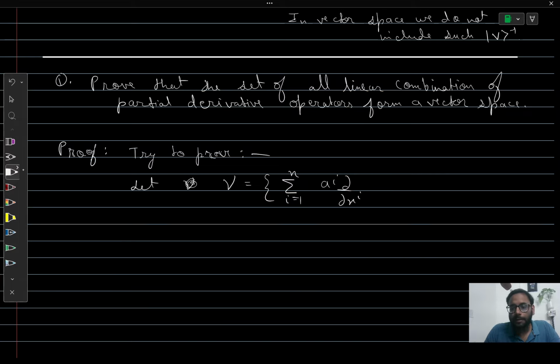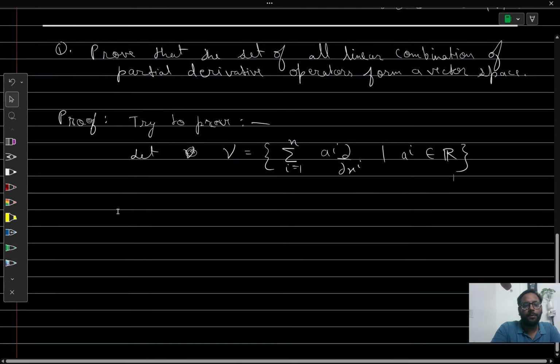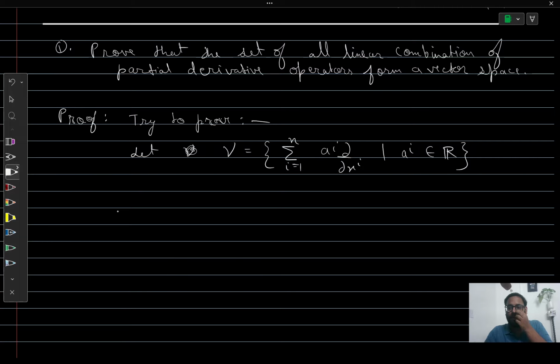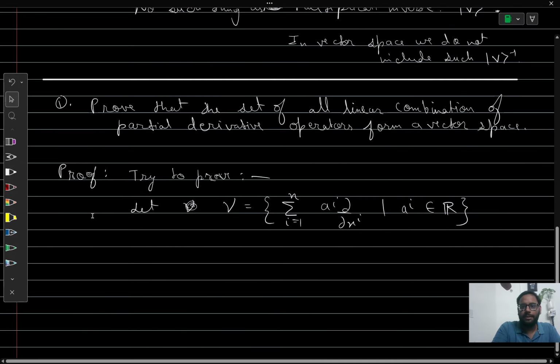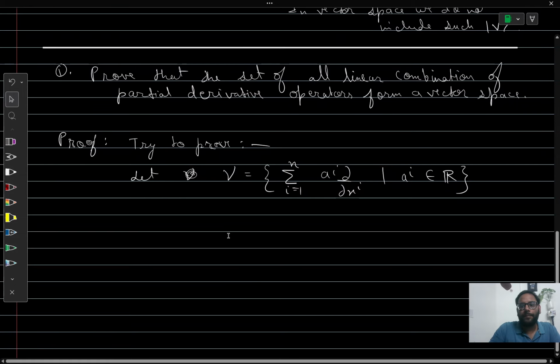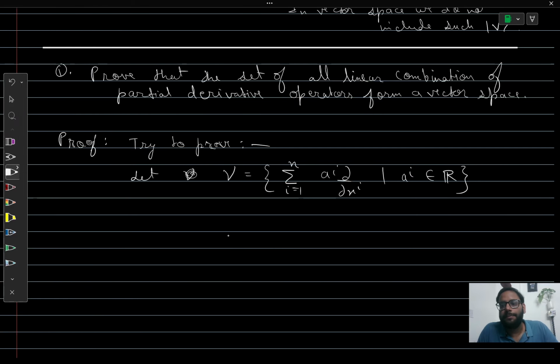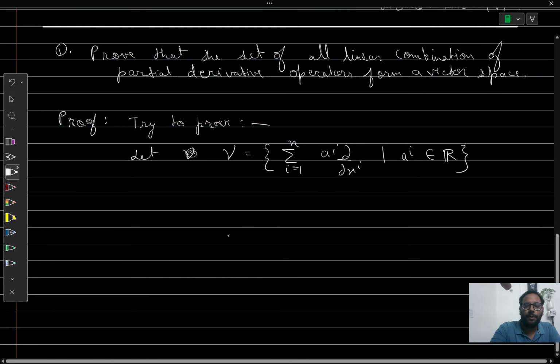Why am I taking linear combinations? Because in a vector space all the vectors are connected through linear combinations. I have mentioned in the previous class that you can combine vector spaces linearly. It's a short exercise.